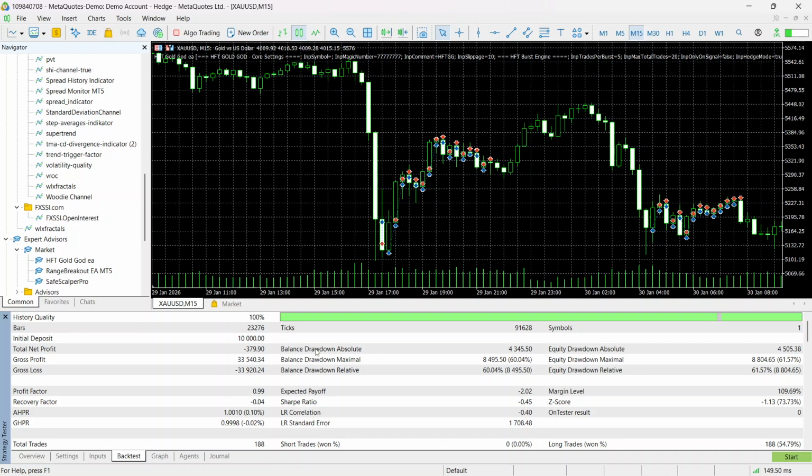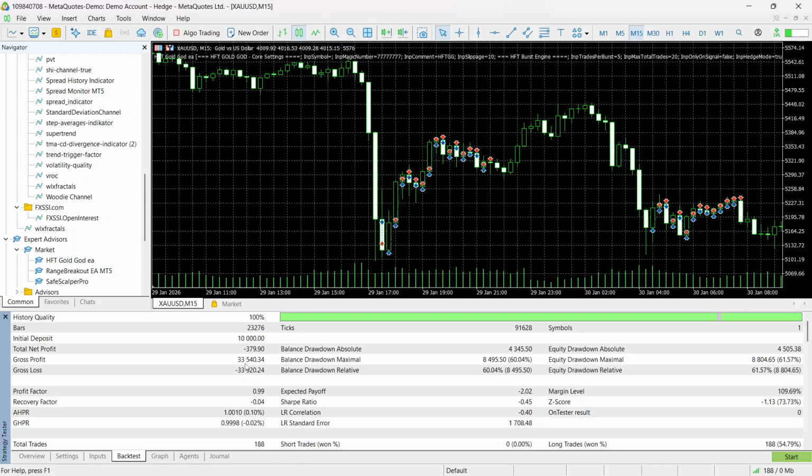Balance drawdown absolute around 434, 43, 45 with a relative max of 60%, which is terrible and doesn't fit the claim the developer was making initially. You can see we ended it with a loss.